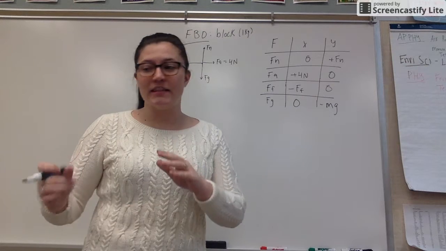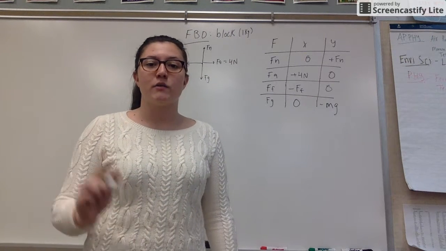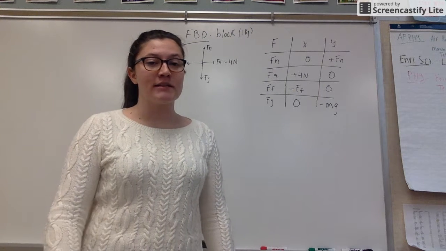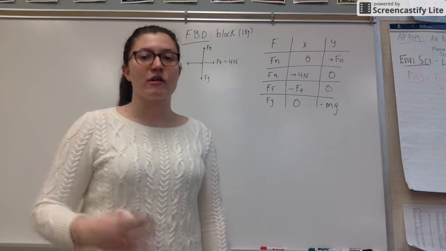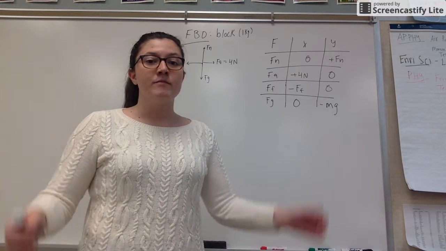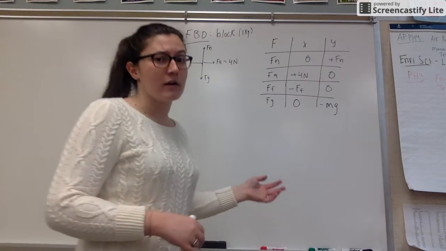It's moving in the direction of our applied force, so it's moving to the right. So we are going to have an acceleration to the right, no acceleration up or down. So sum of forces in the y are going to be equal to 0. Sum of forces in the x are going to be equal to ma. So let's take our forces and sum them according to x and y.